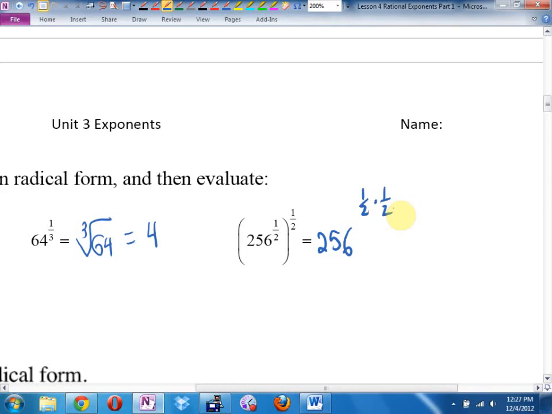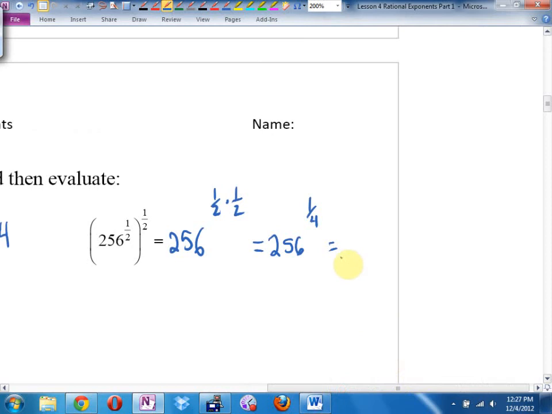What's 1 times 1? What's 2 times 2? This is 256 to the 1/4, which is what root of 256? 4th root. Which works out to what? I think 4?